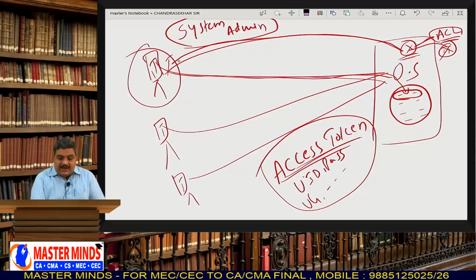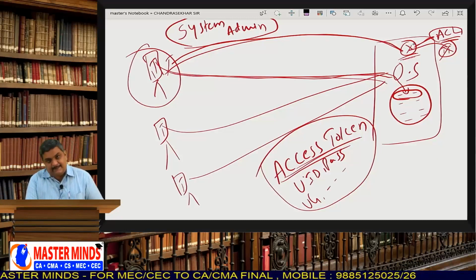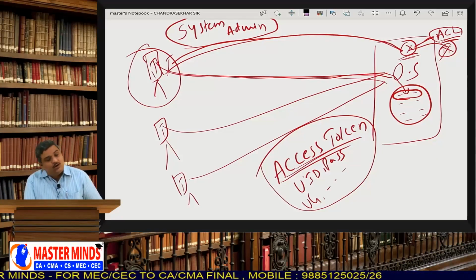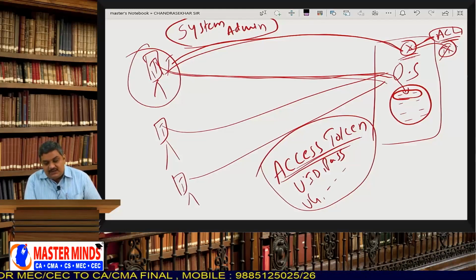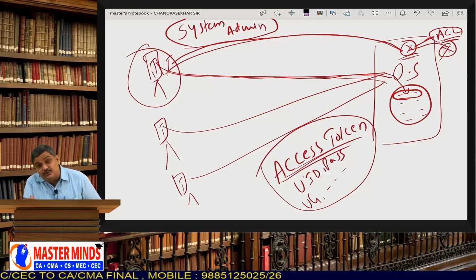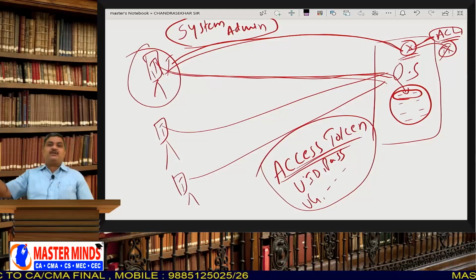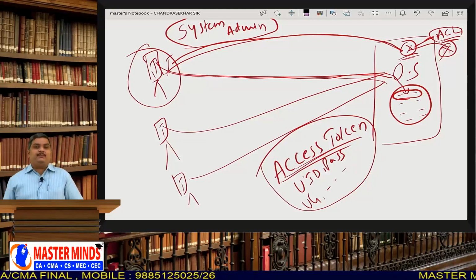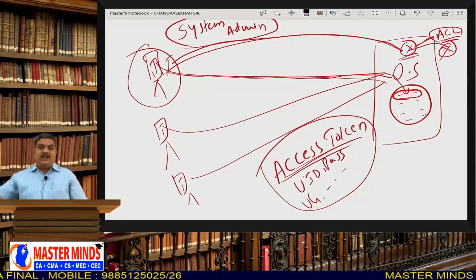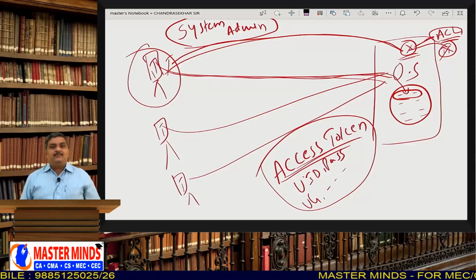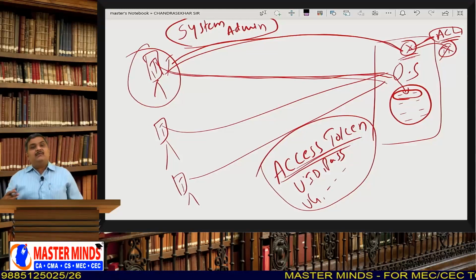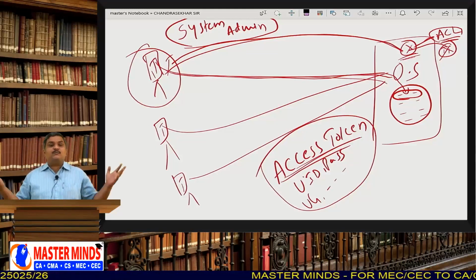So I tried to access file X, okay, and it is not opened because I don't have access. Means my name is not there in the access control list. Then what do I have to do? I have to go to the system administrator and make a request to him. Sir, I want that file. You please give me access to that file. Then the system administrator will look at my roles and responsibilities.